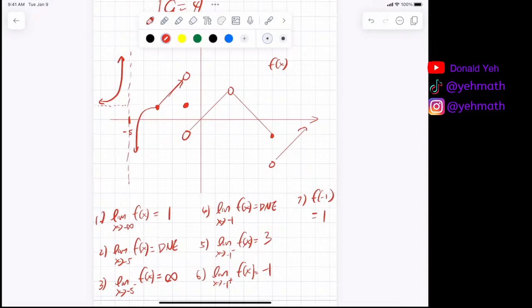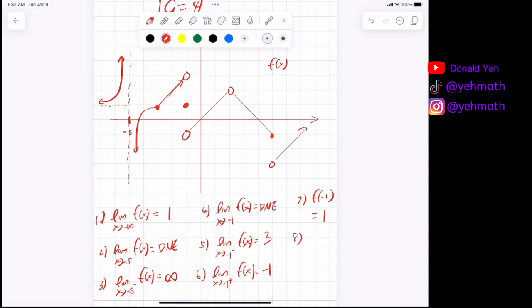I just want to make you doubt yourself. Yeah, it'll be 1, because that means when x is equal to -1, what is the output? The output is 1, and that's it. There's no other information. You're not looking at the limits. You're not looking at anything. Now here's the thing. So let me go with 8.